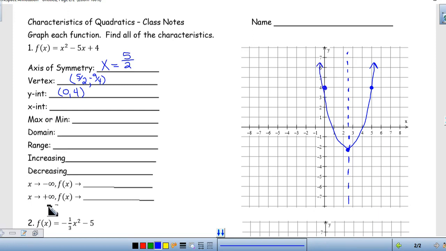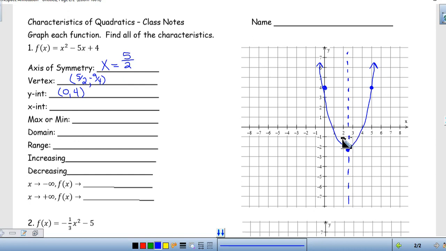The rest of these lines deal with new concepts for us. We haven't done x-intercept before, but I bet you can make a prediction of what we're going to be looking for. If the y-intercept tells us where the graph crosses the y-axis, then the x-intercept will tell us where it crosses the x-axis.